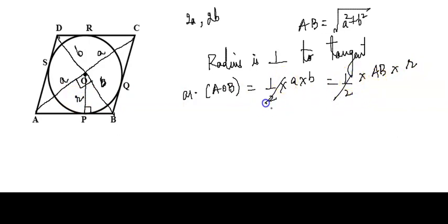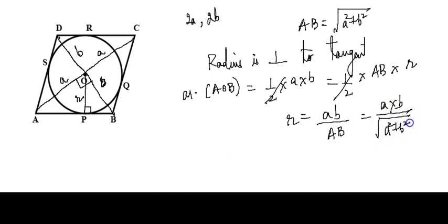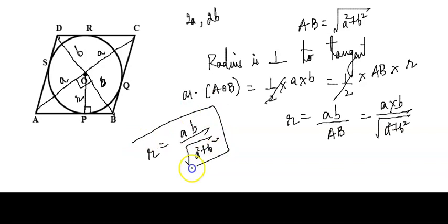If I cancel the 1 by 2 on both sides, we can say small r will be equal to a into b upon the square root of a square plus b square. So this is the required expression for calculating the inradius in a rhombus, and this will be the length of the inradius.